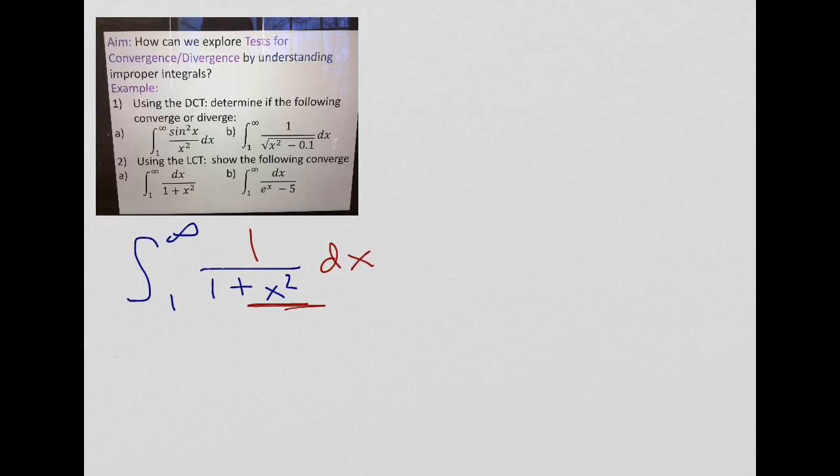And that's a good function to be working with, because if you were to graph 1 over x squared and 1 over 1 plus x squared, you would see that they are positive and continuous on 1 to infinity, which is my lower and upper limit of integration.